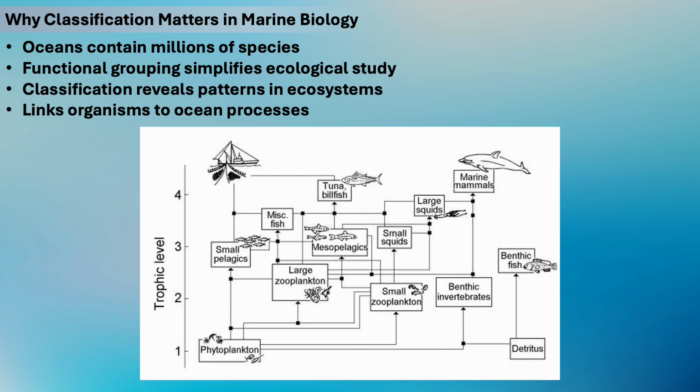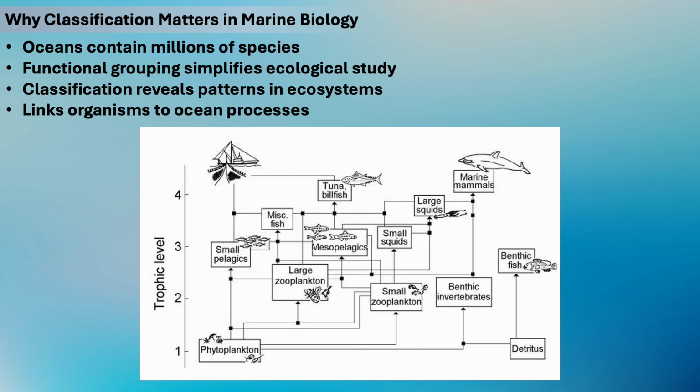One of the most useful ways to classify organisms is based on their relationship with the ocean environment. Specifically, we can categorize organisms according to where they live and how they move through the ocean. This approach recognizes that movement and habitat strongly influence ecological roles.